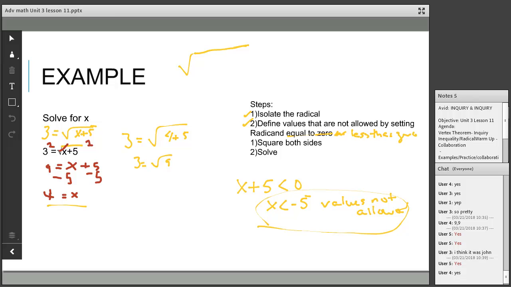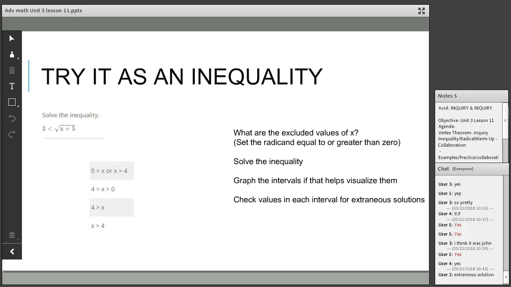It's called an extraneous solution. I typed it in the chat box. So you will get extraneous solutions when you do these things, and you need to check each and every value that you get as an answer to make sure that it works.